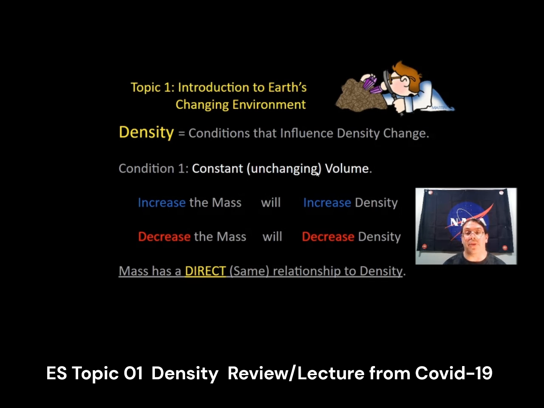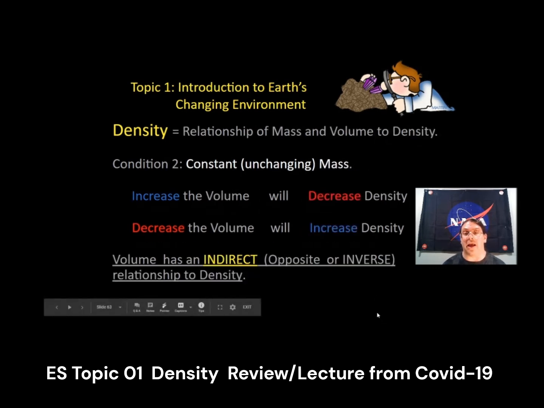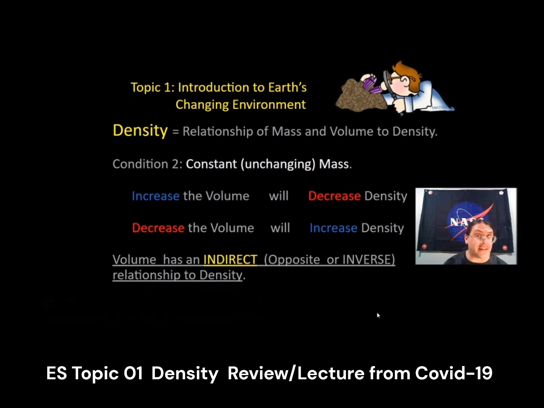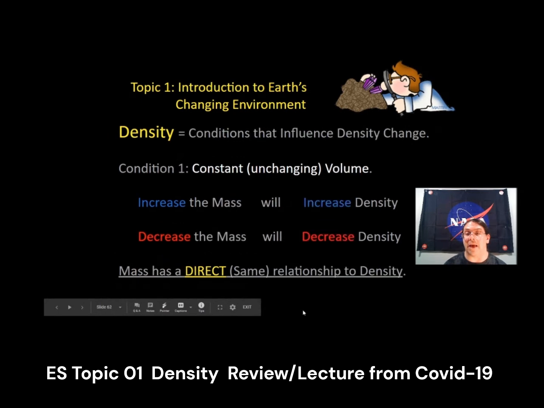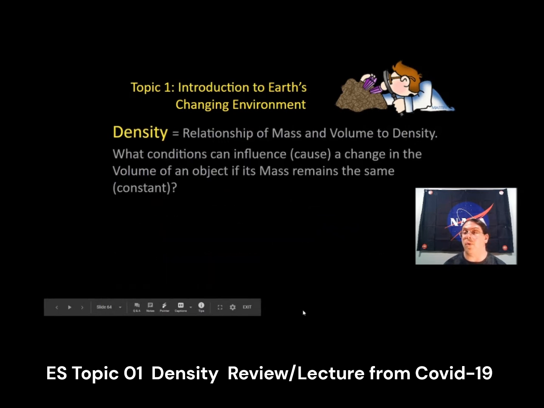We're also going to take a look at this condition, that for volume, if mass is constant, if the volume increases, the density will decrease. If the volume decreases, the density will increase. We're going to look at these two conditions and see why this happens. We're going to look at them mathematically.